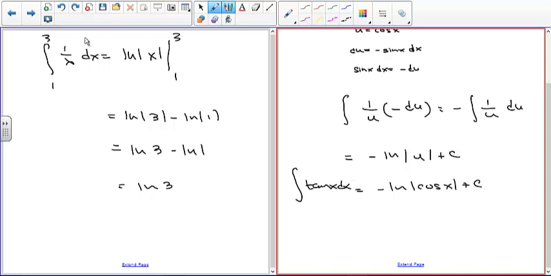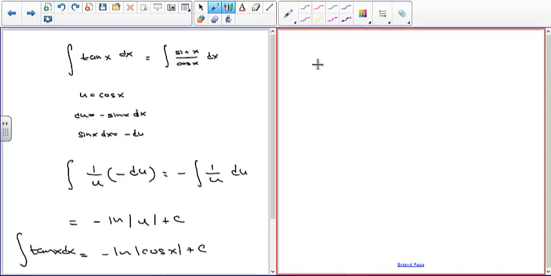And you could do the same thing for the cotangent. I'm not going to go through every step, but if you do the cotangent of x, the cotangent is the cosine over the sine.